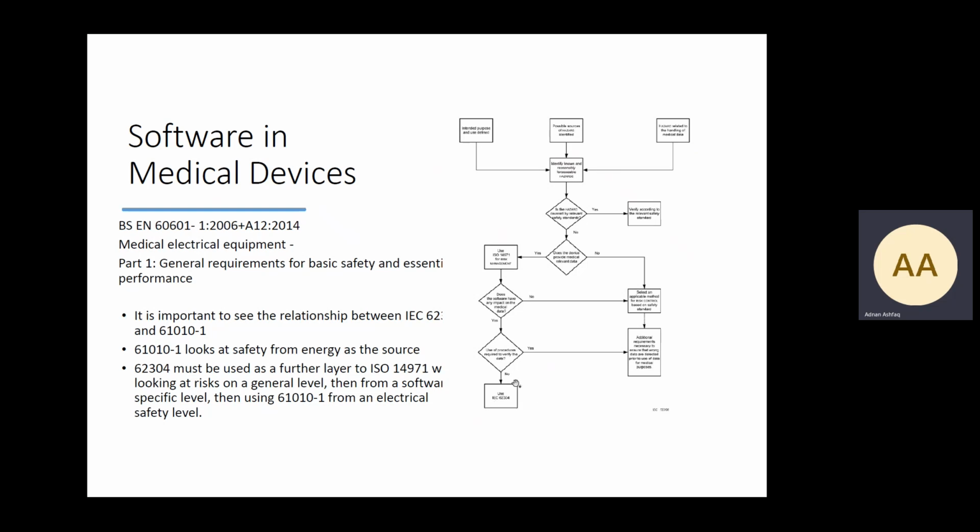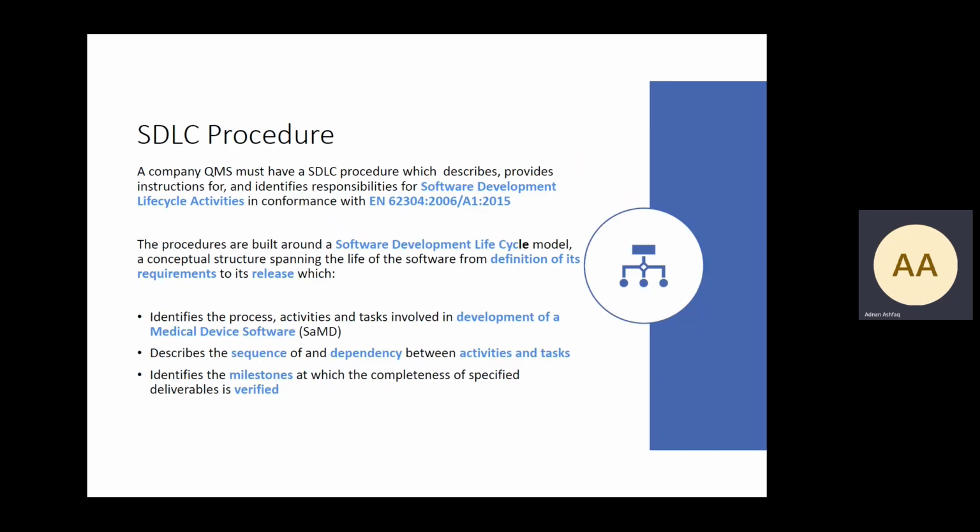And if it's no, then use 62304. And if it's yes, then additional requirements necessary to ensure that wrong data are not selected prior to use of data for medical purposes. So it's really pointing towards 62304 if they are depending on risk. And this is why I say that risk management is very important to begin as one of the prime and foremost activities in the development of your software.